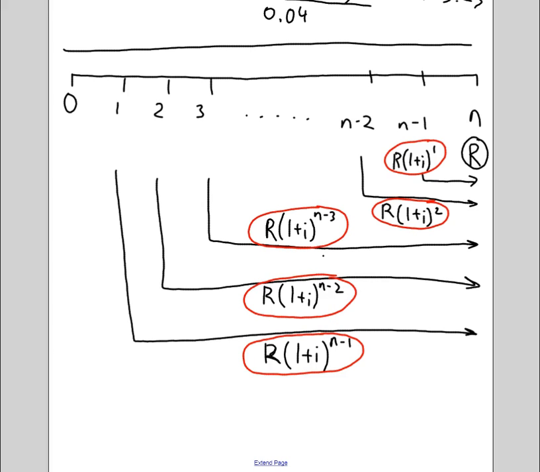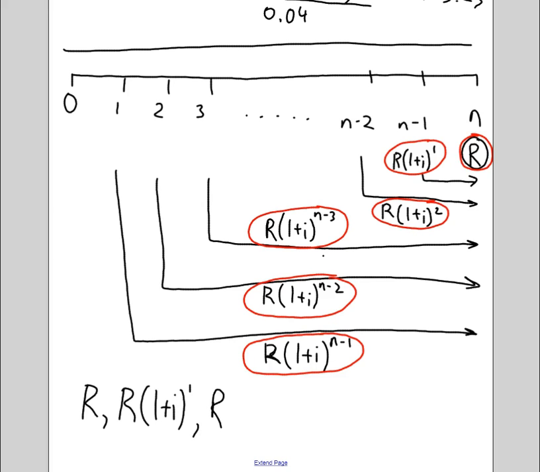When we look at the collection of all these, the total of all these, including the very last deposit, would be the amount of our annuity, which of course is a geometric series with first term R and growing according to the pattern that we had already seen.